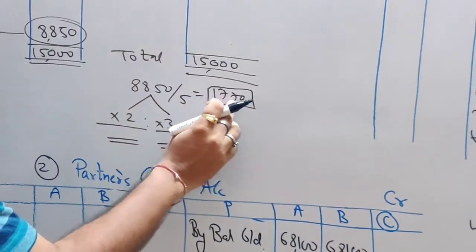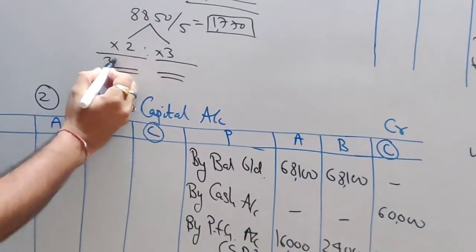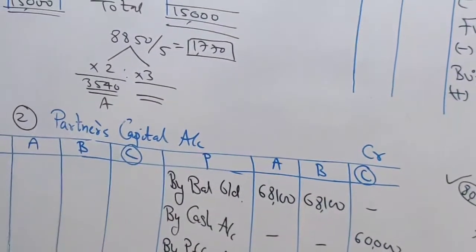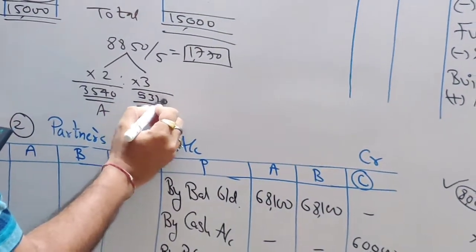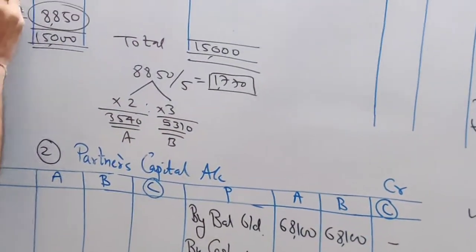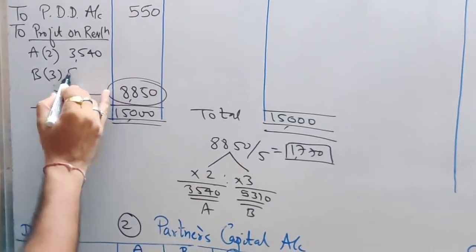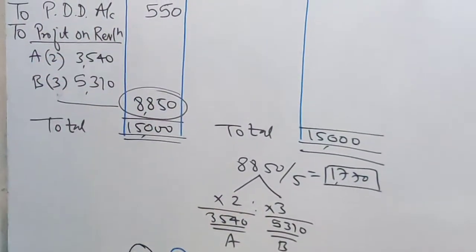So if you multiply 1770 by 2, you get 3540. This is A's amount. And 1770 into 3 is B's amount, 5310. So 3540, 5310. Now you will transfer this balance to the capital account.